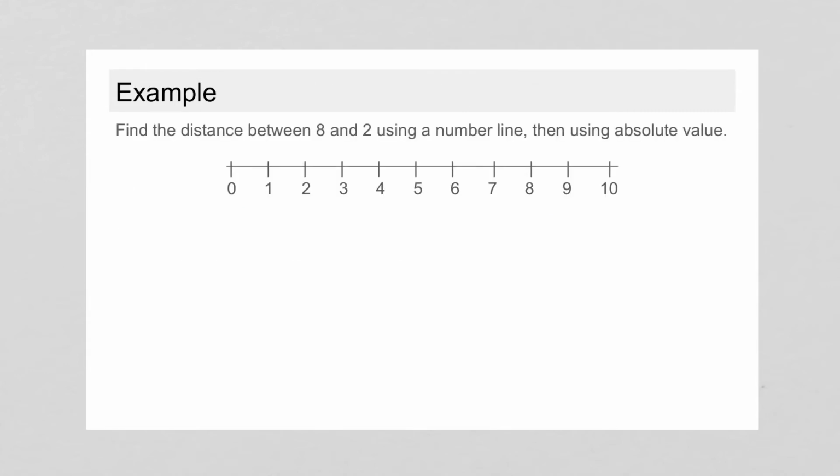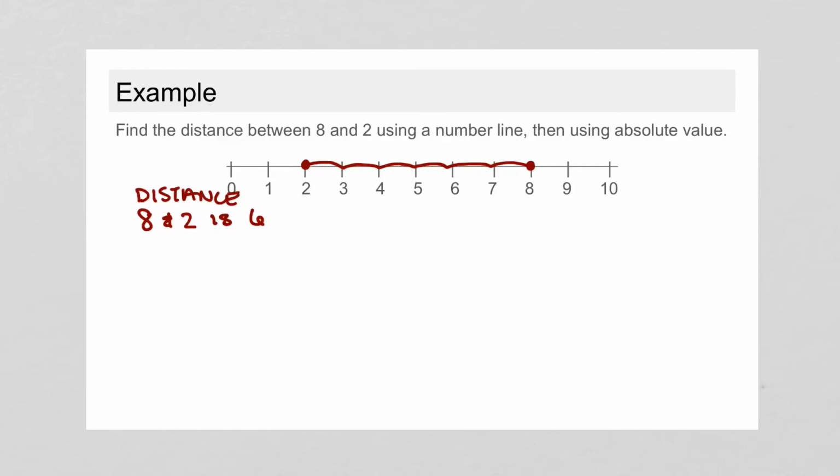So let's try an example. Let's find the distance between 8 and 2 using the number line and then using absolute value. Okay, so there's 8 and there's 2, and if I use the number line, 1, 2, 3, 4, 5, 6, I can say that the distance between 8 and 2 is 6, or 6 units, 6 spaces, using the number line.